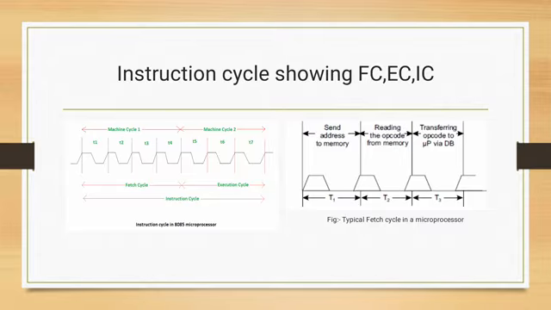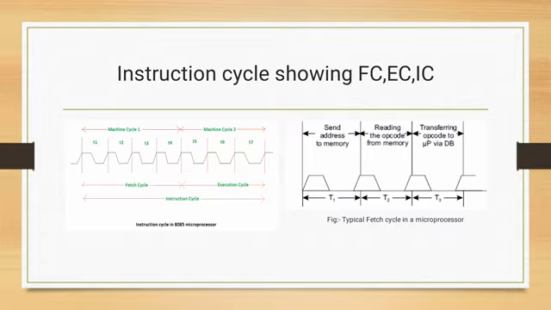If we carefully observe this flow diagram, we can conclude that there are two machine cycles given. One is machine cycle 1, another is machine cycle 2. Machine cycle 1 constitutes 4 T states, T1, T2, T3 and T4, and similarly machine cycle 2 constitutes 3 T states, T5, T6 and T7.